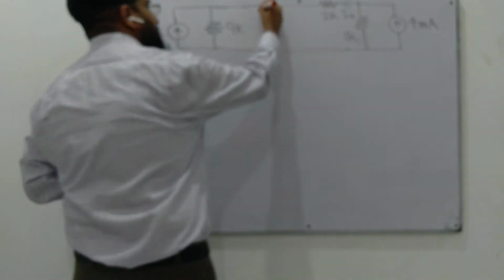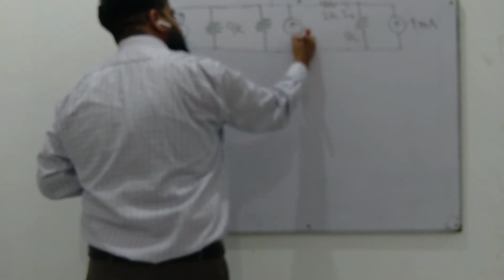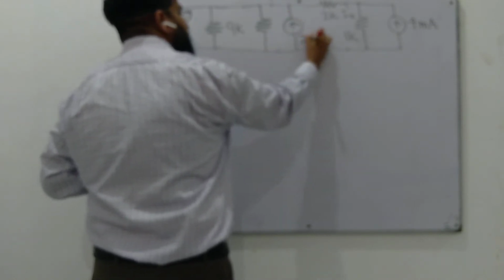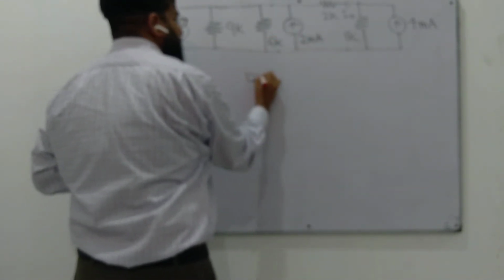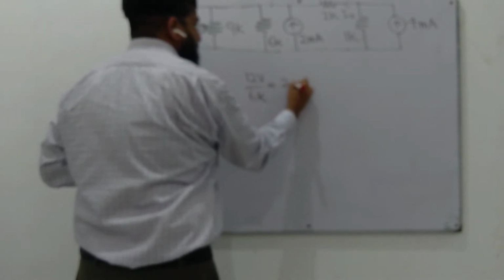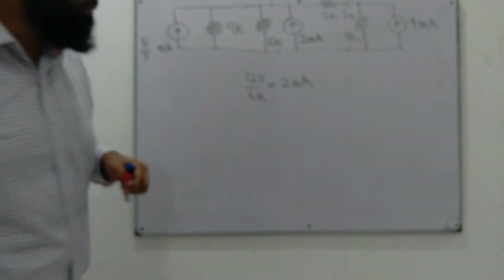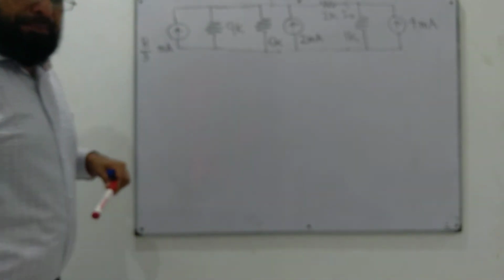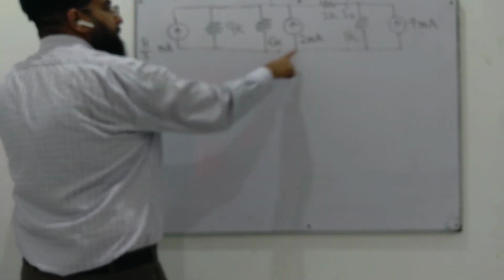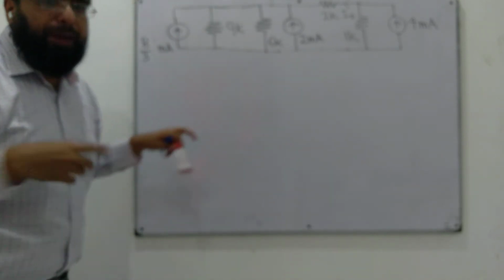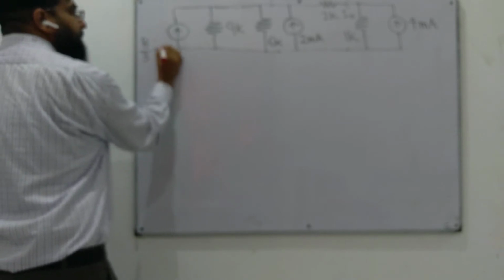The value of the current source will be 2 milliampere, which is equal to 12 volt over 6K, and the same 6K resistor appears in parallel. So now we have two current sources in parallel and two resistors in parallel. Since the dimension of these two is the same, their magnitudes will be added and they'll be replaced with only one current source.